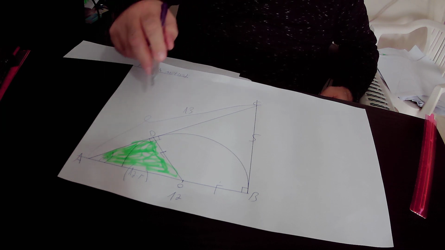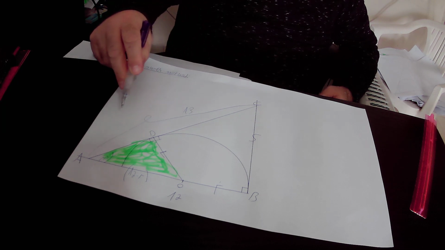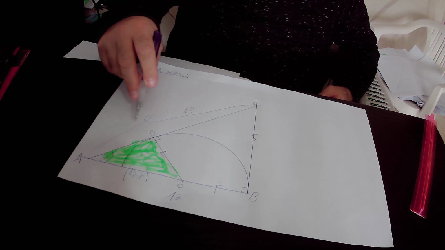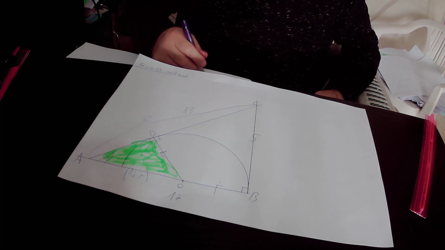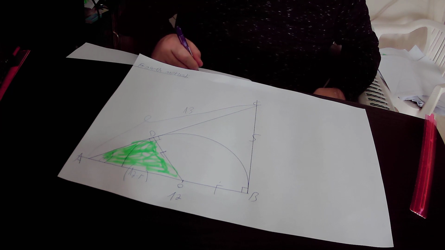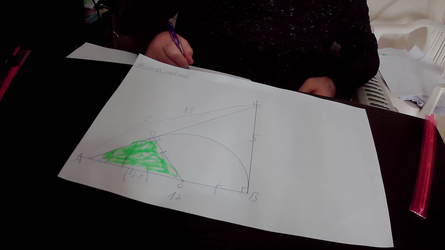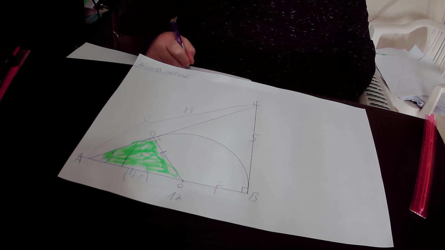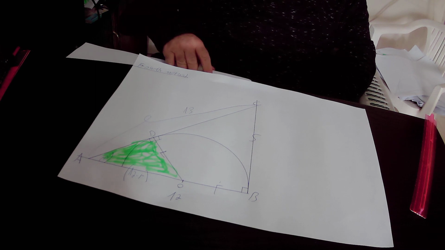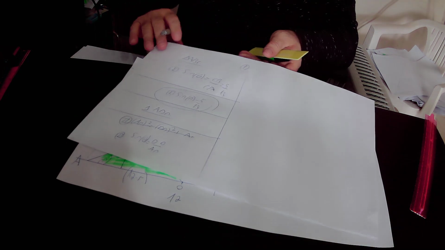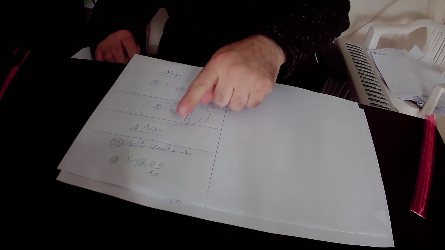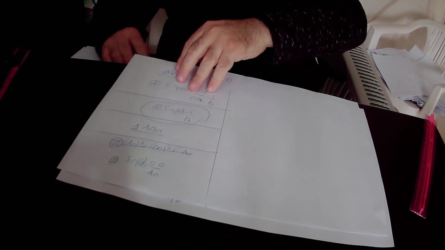In the right triangle ADO, sine theta equals DO over AO. I repeat again, in the right green triangle ADO, sine theta equals DO over AO.